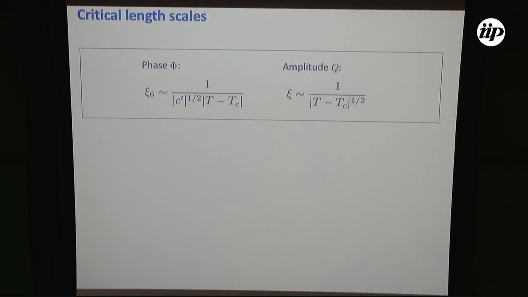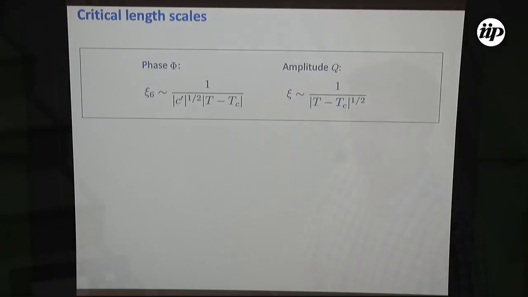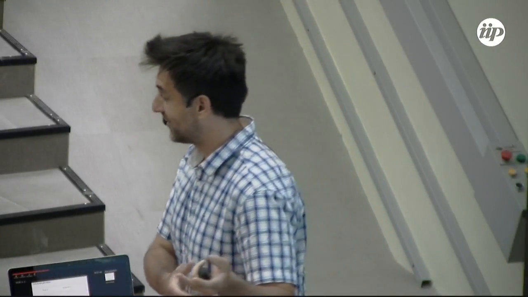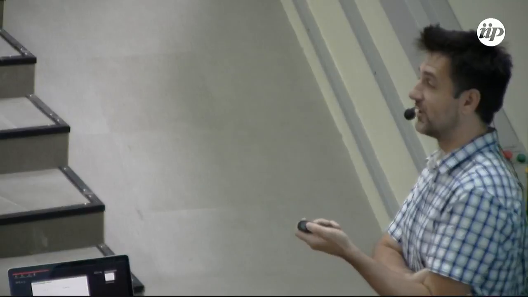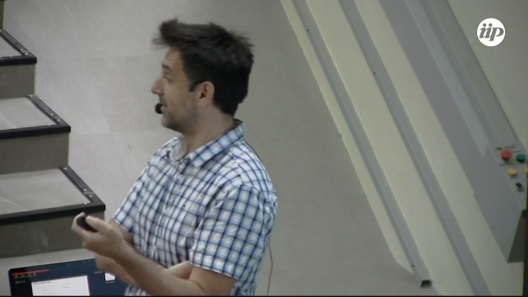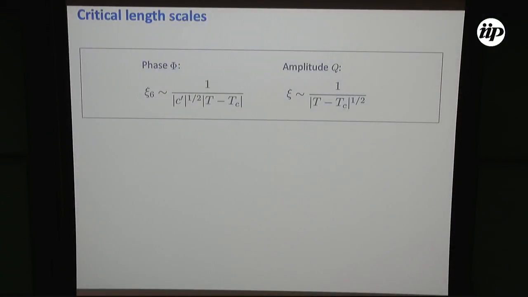One interesting thing that we learn from this simple exercise is that this topological defect, the morphology of this topological defect, is essentially determined by two correlation lengths. There is the standard correlation length associated with the amplitude of the order parameter, but there appears a second correlation length due to the sixfold anisotropy of the problem.